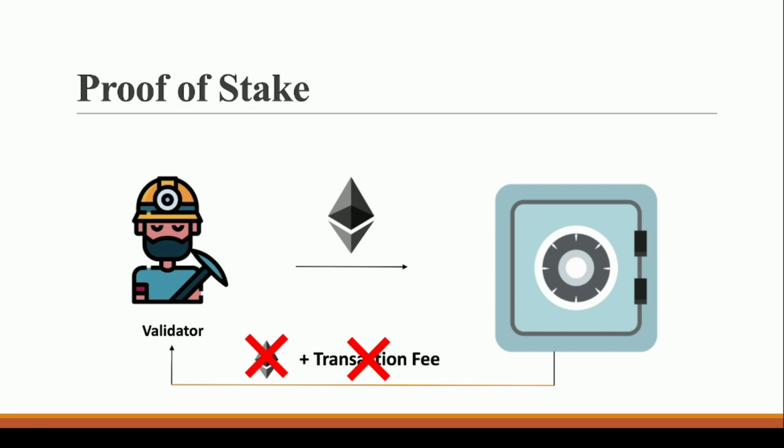Like in Bitcoin blockchain, the block was discarded and the miner was not getting any kind of reward. In the same way, in Ethereum blockchain, the validator who does any kind of cheating will not get any transaction fee, and the ether he has staked will not be provided back to him. So he will be at a loss. He has to be very careful whenever he is mining for the Ethereum blockchain.